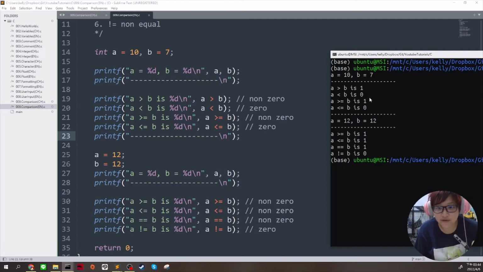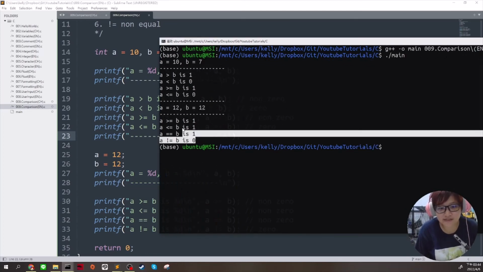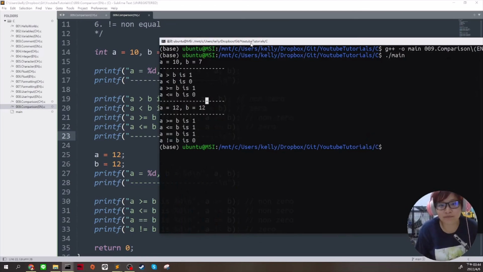The first one is non-zero, yes. 0, yes. Non-zero, yes. 0, yes. And then A and B are both 12. This one is non-zero, yes. Non-zero, yes. 0, yes. So all of the results meet our expectation. This is the comparison operators.